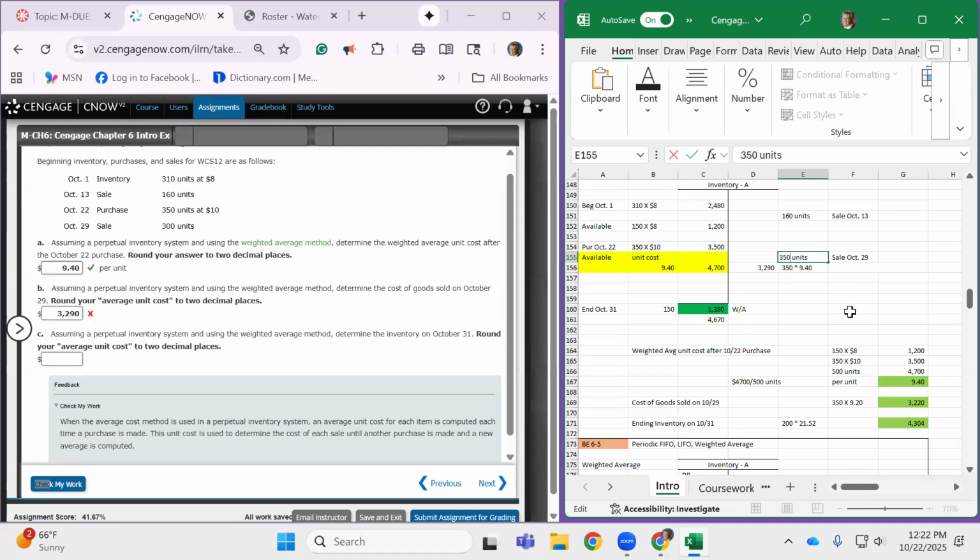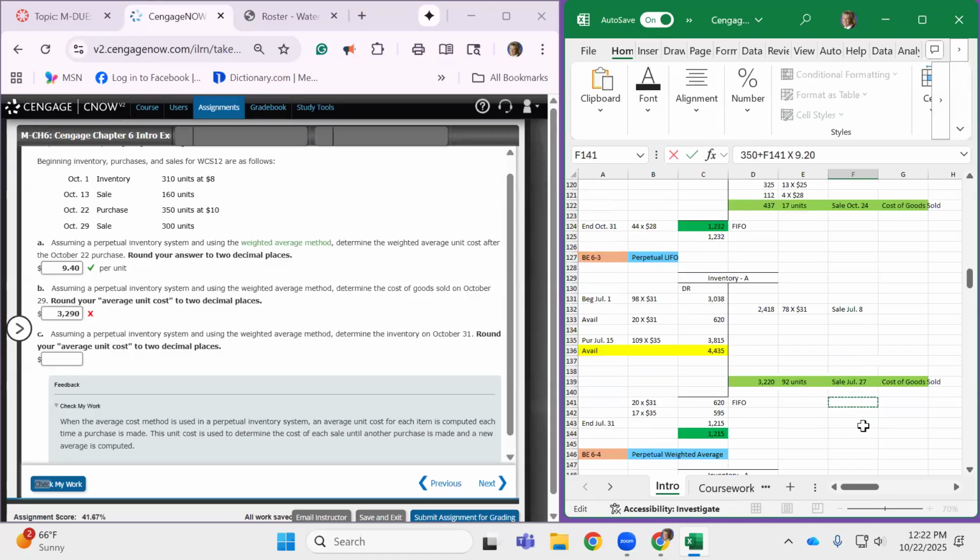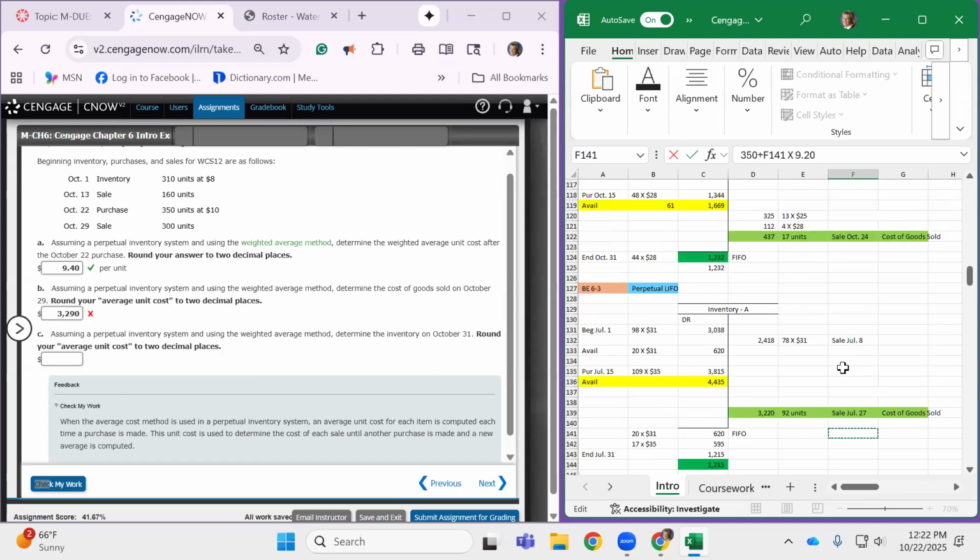This last sale is 300 units. Okay, last sale is 300 units. So that's going to give us a different number. The average is the $9.40. Okay, so I really hosed this one up. But they have so many similar numbers that it's just about to kill me. All right, that we know is right. Now we sold 300 at $9.40.